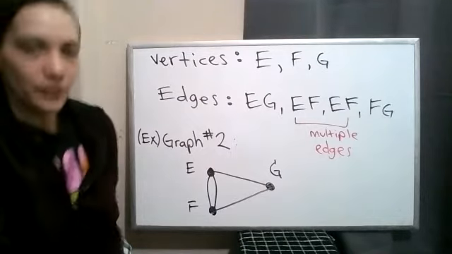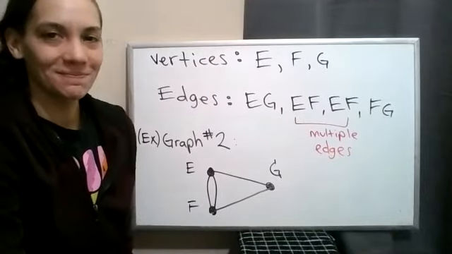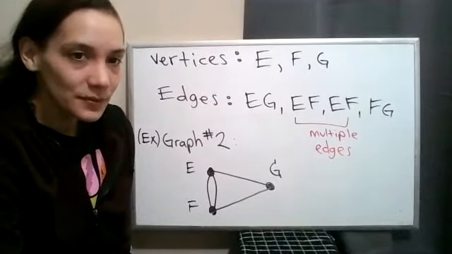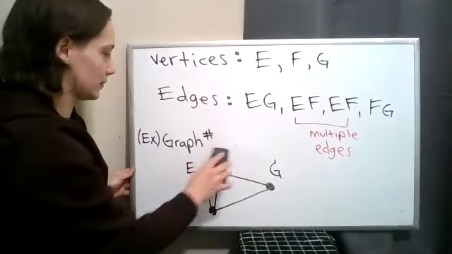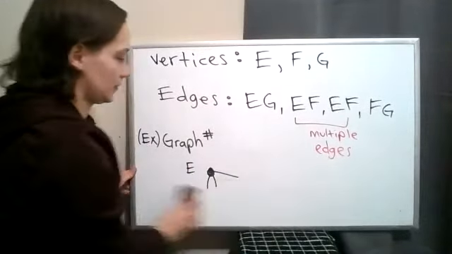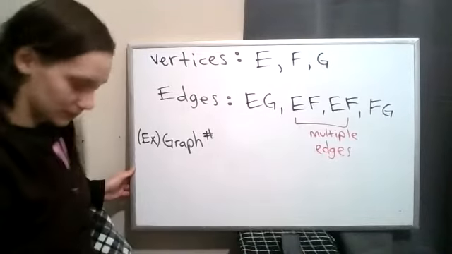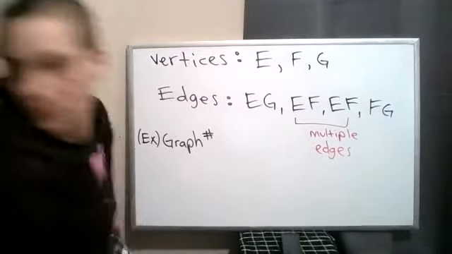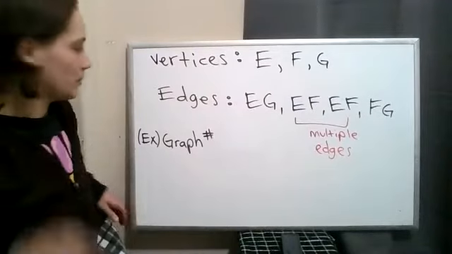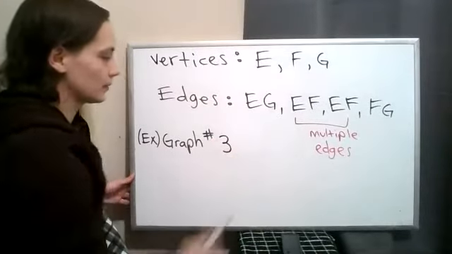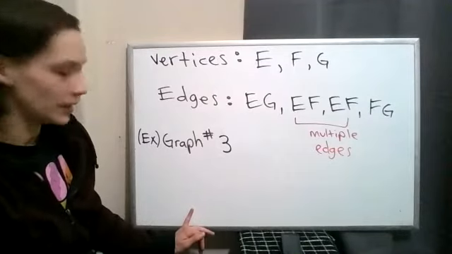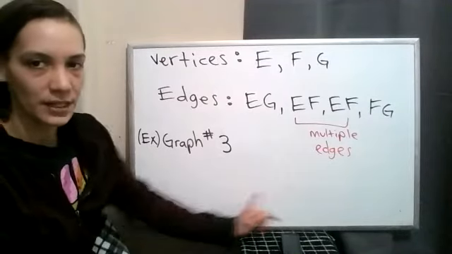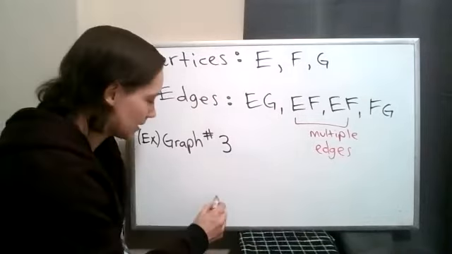For graph number 3, let's see. We're going to have, let's call this A, B, C as the vertices.